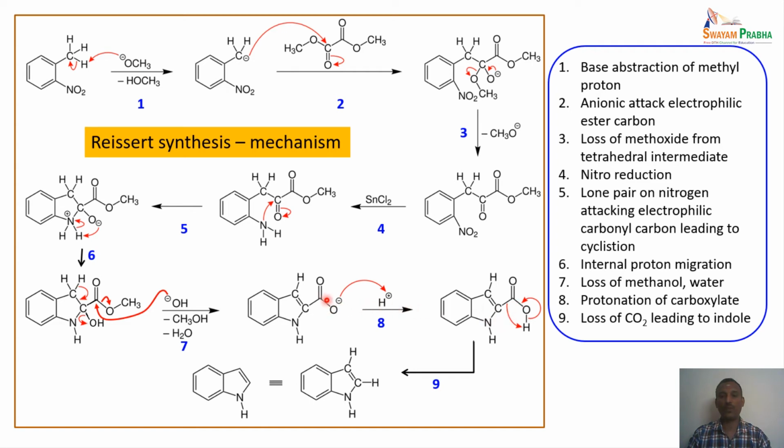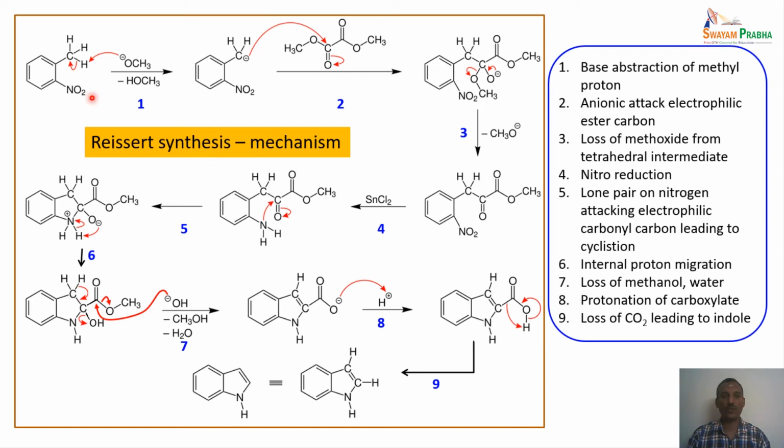That means basically we are doing the hydrolysis reaction. So the ester is converted to the acid, and this acid undergoes decarboxylation to give the corresponding indole. So the loss of CO2, decarboxylation, takes place, which leads to our final product. So this is the overall mechanism for this indole synthesis.